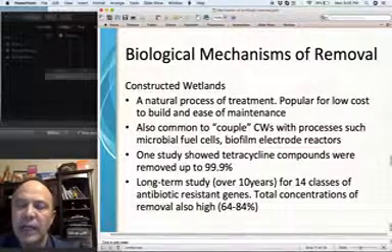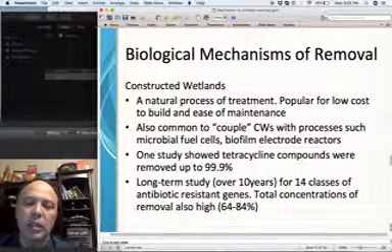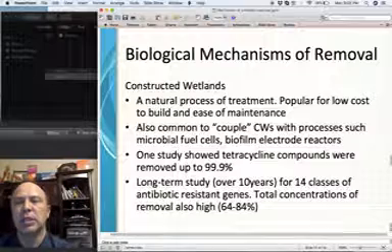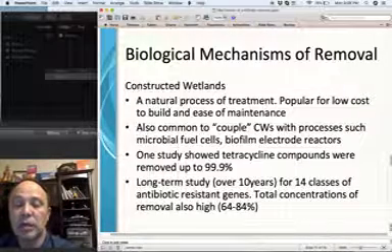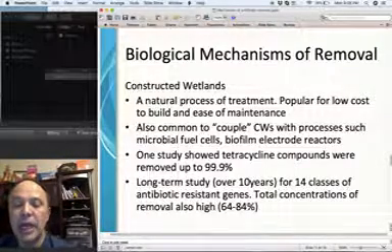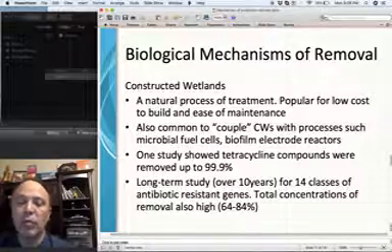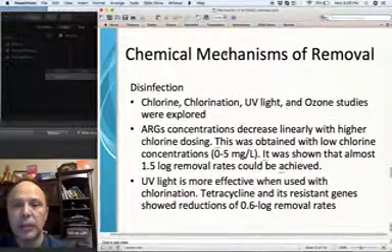And a lot of findings in the papers I read were conducted under short-term conditions such as 6 months, 3 months, sometimes a year. There was one study done for constructed wetlands that involved 10 years, looking at 14 classes of antibiotic resistance genes, and they noted that up to 84% removal efficiency was achieved. So that's pretty good for a long-term study.